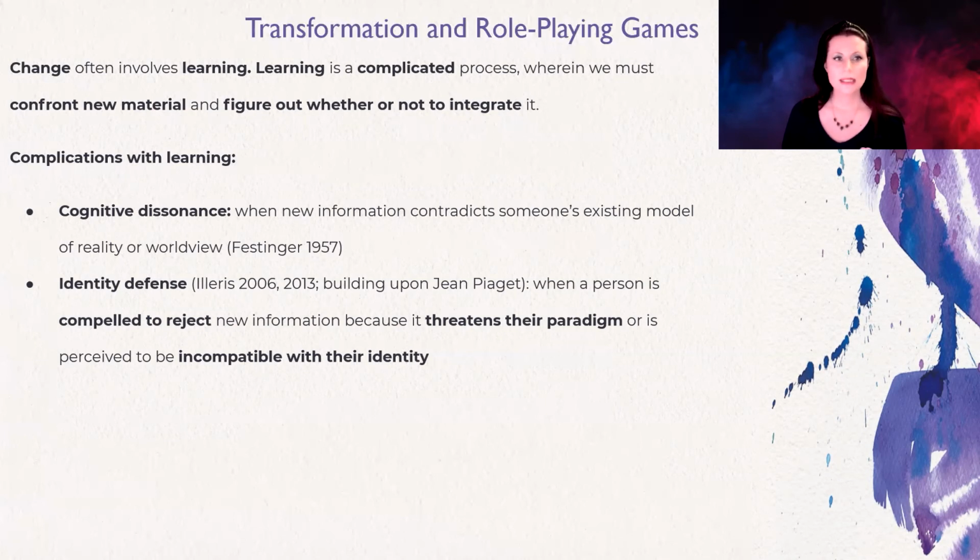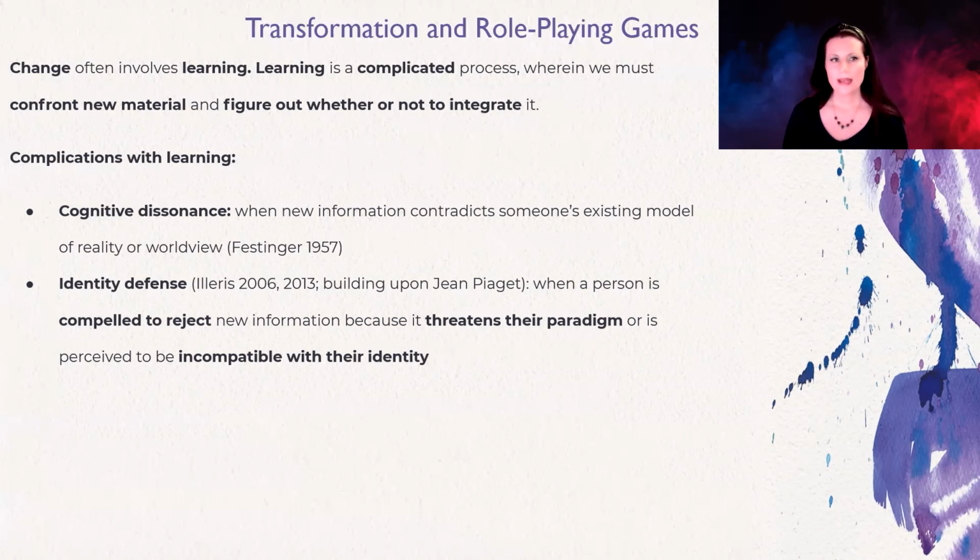So there are some complications that come up with the learning process. One of those is cognitive dissonance, which is when we receive this new information, but it contradicts our existing model of reality or our worldview. And that causes a sense of disruption, of feeling very off balance. It can be extremely upsetting, distressing.